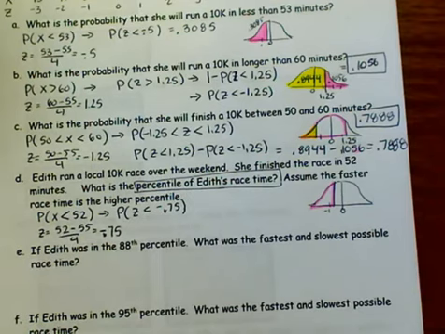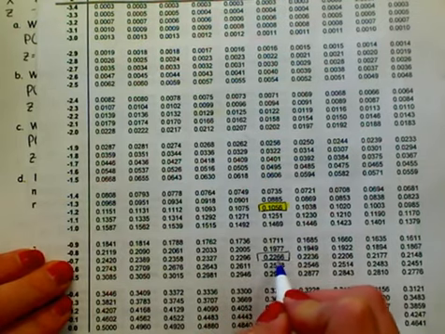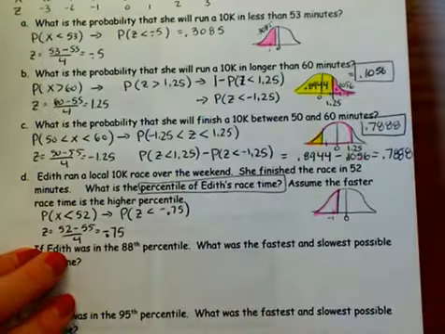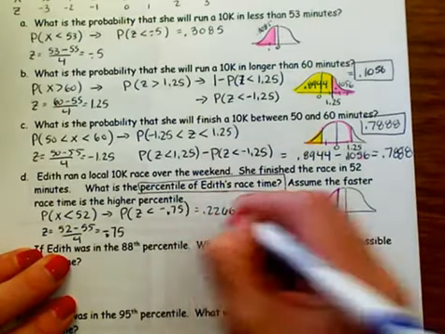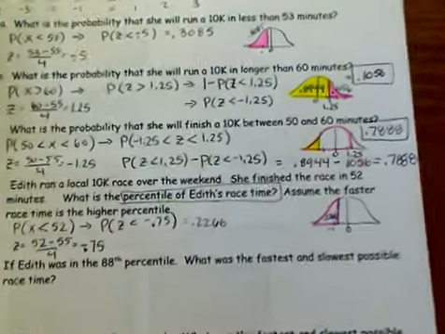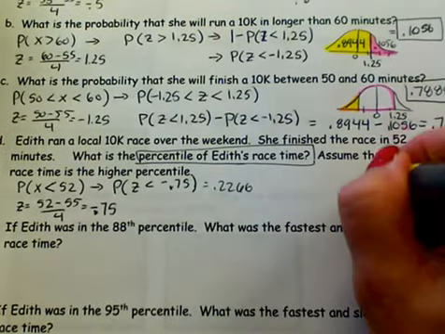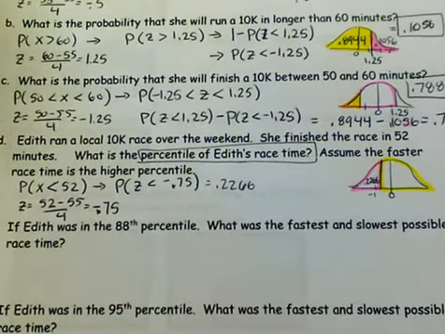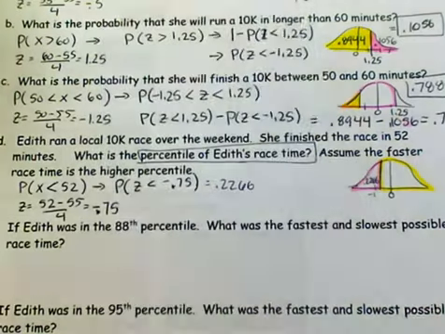Negative 0.75. 0.2266. And I'm going to go ahead and find the yellow portion. 0.7734.